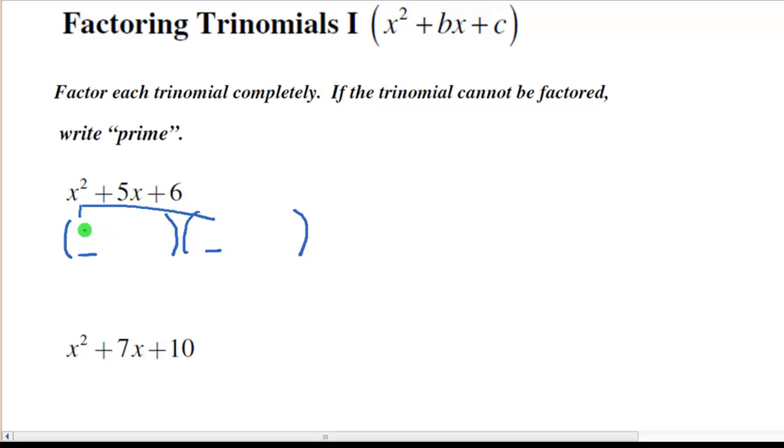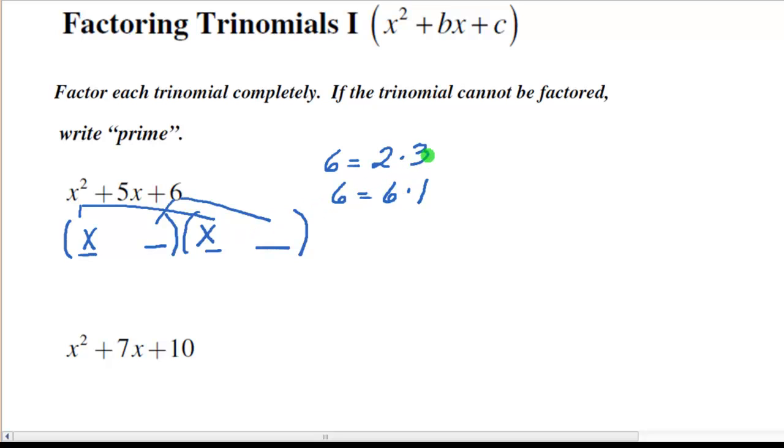If you said x and x, you were right. Then here and here, we're going to put two numbers that multiply to 6. Now 6, as you know, can be factored in two ways. We can factor it as 2 times 3, or as 6 times 1.